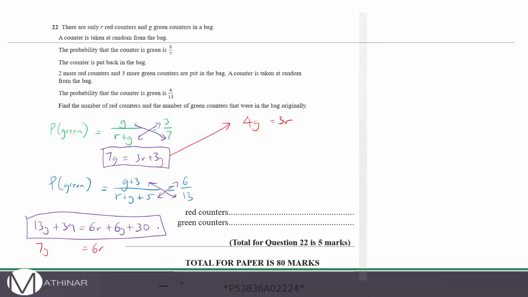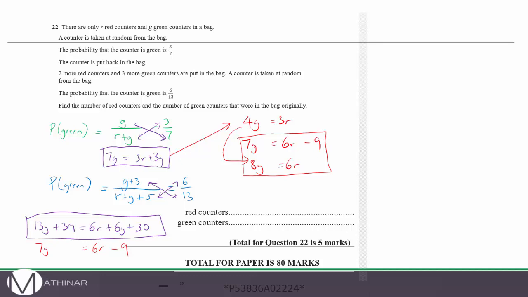And then this 39, if we take that to the right, it becomes 30 take away 39, which is minus 9. So we now have 7G is equal to 6R minus 9. Now over here we have 3R, over here we have 6R. So let's double this equation. 4G times 2 is 8G, 3R times 2 is 6R. We now have these two equations, and all we need to do is subtract them.